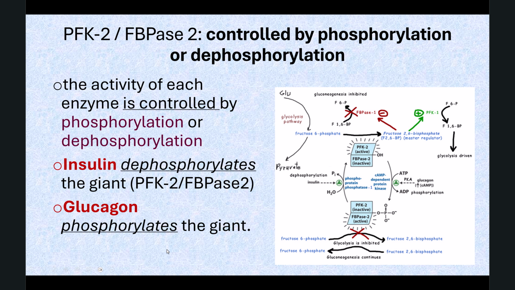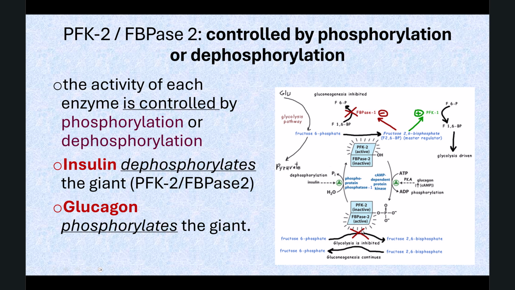So, bottom line, glucagon phosphorylates the giant. If the giant is phosphorylated, who's active? If there's a phosphate on here, FBPase2 is activated. That's going to block the formation of fructose 2,6-phosphate, and go a step further, it's going to take fructose 2,6-phosphate and put it back where it came from, which is fructose 6-phosphate.